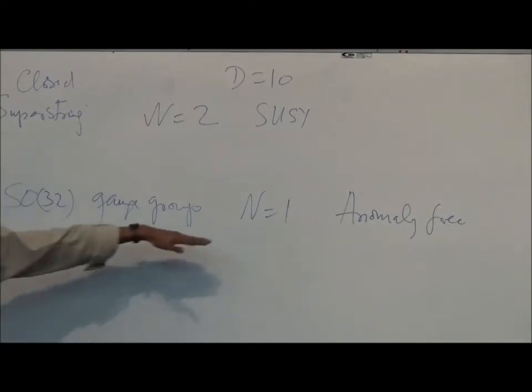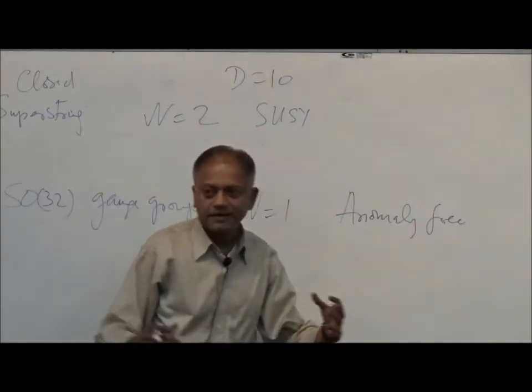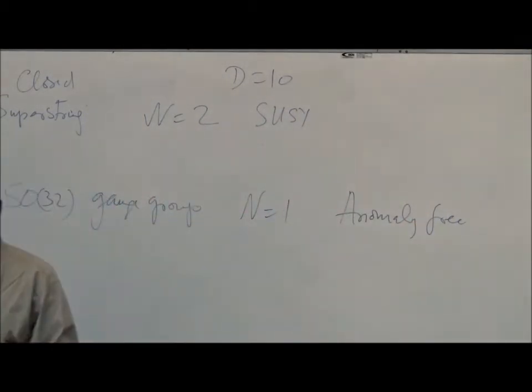By anomaly freedom here, I mean really going through a field theory, 10-dimensional supergravity theory, looking at the possible anomalies and finding that for this particular gauge group the anomaly is cancelled. But in string theory, the anomaly cancellation manifests in a very different way. I don't know whether Clifford mentioned that, but it basically comes from the tadpole cancellation conditions.